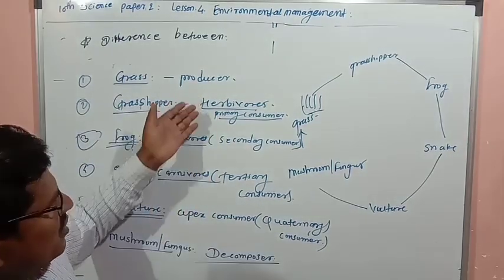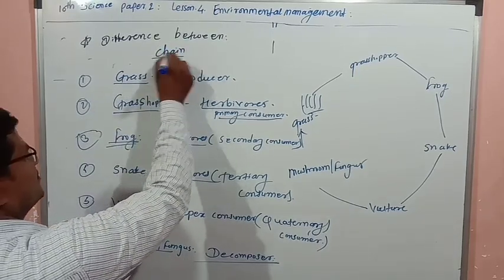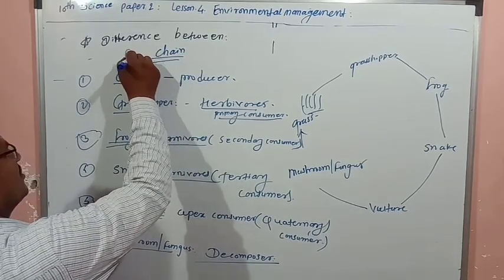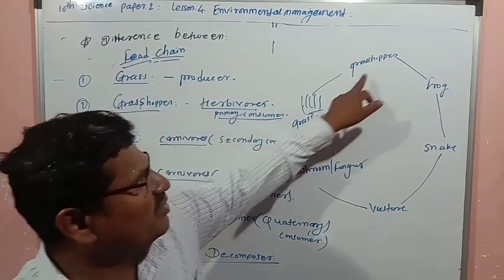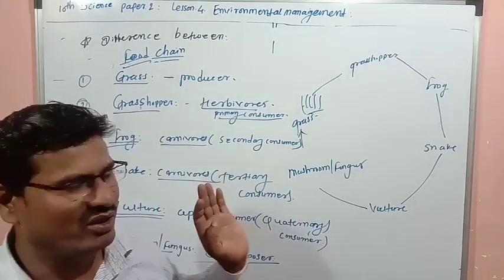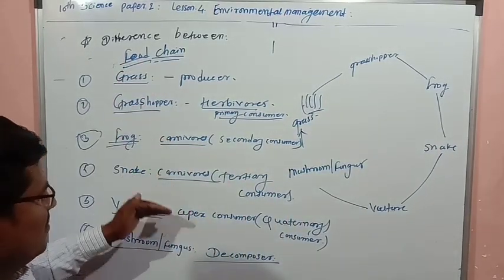Suppose this one is one food chain. So in that food chain, different trophic levels. Each step in the food chain is called a trophic level. So this one is first trophic level, second, third, fourth, fifth, sixth.